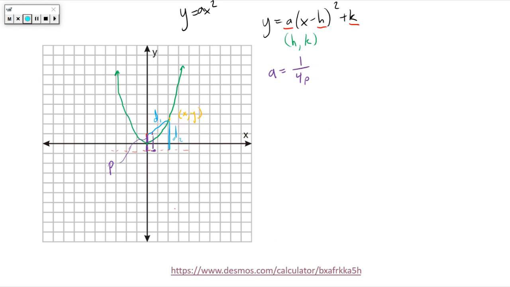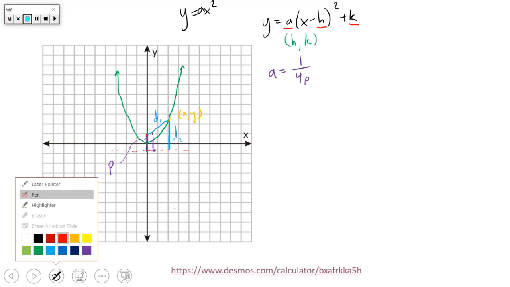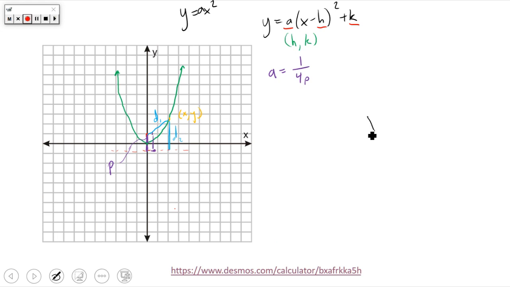This is when we have an up and down parabola. Left and right has a different equation, and that's x is equal to a times (y minus k) quantity squared plus h. Very important to notice that the k and the h switch places, and of course now we have x in terms of y instead of y in terms of x.